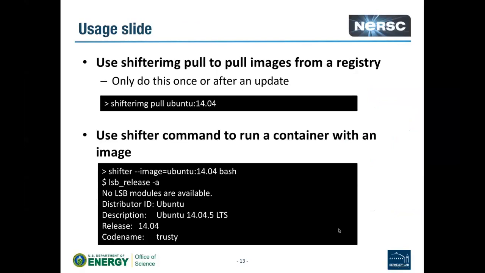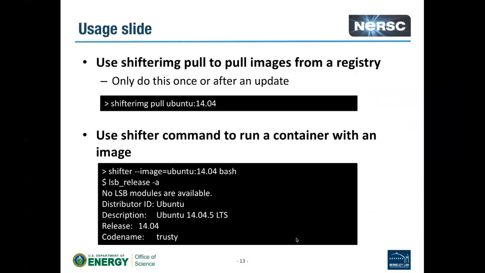And then to run in that container environment, you just use the shifter tool and specify what image you want in the command. In this case, we use the Ubuntu 14.04 image and say bash to go into an interactive shell. And just to show that we're in that, we do an lsb_release. So you can see it's fairly easy. If we have time at the end, I'll maybe do some quick demos to show a little more of it in action.